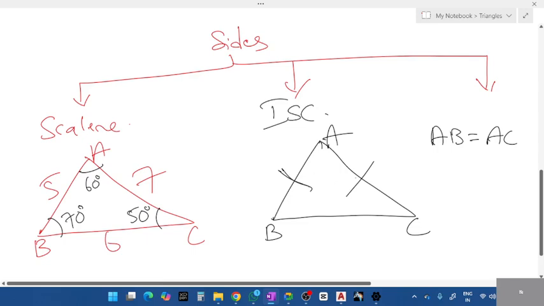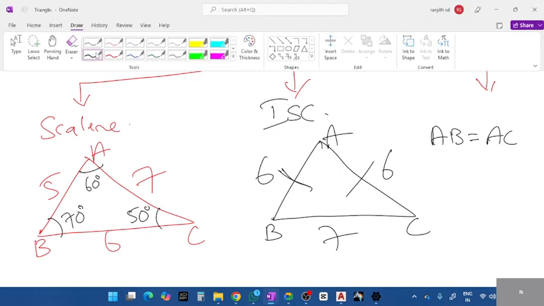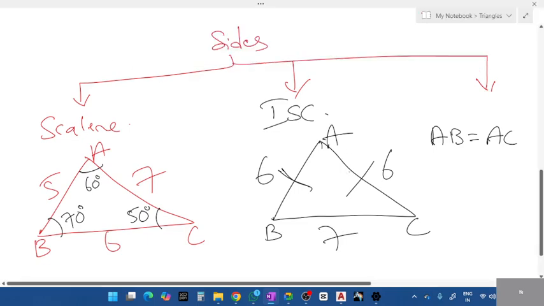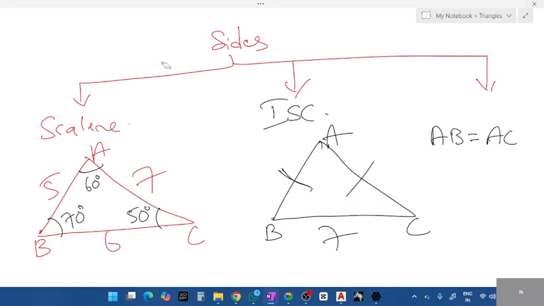They'll mark one line or two lines, which indicates they're equal. Let me take 6 and 6, so BC will be different, 7. In exams, students, they will either give you numbers 6 and 6, which means the sides are equal, or if not, they won't give numbers; they'll just mark the lines. Is it clear? Did you understand?